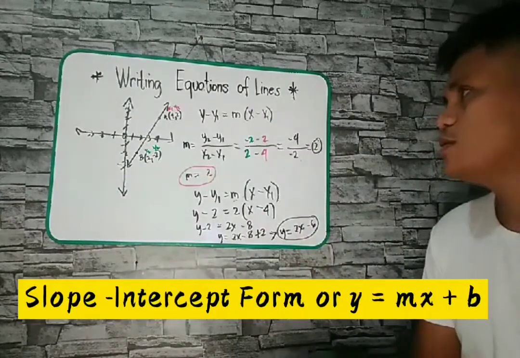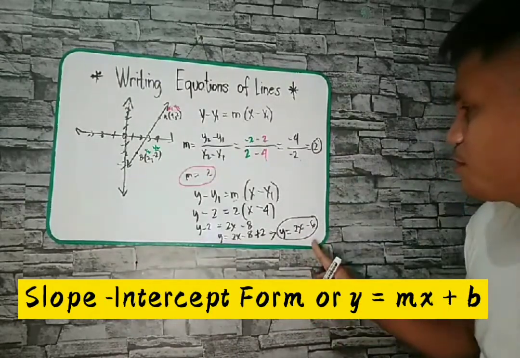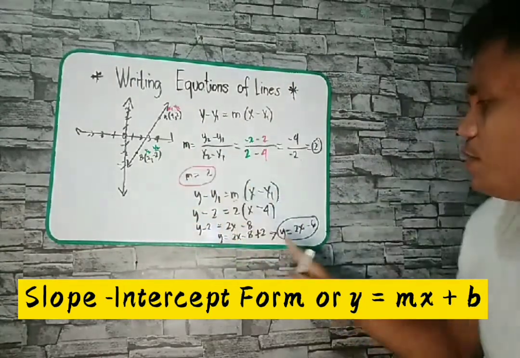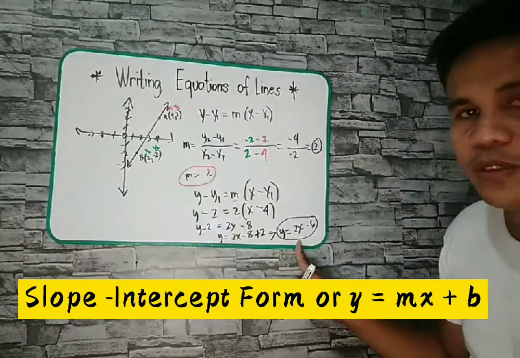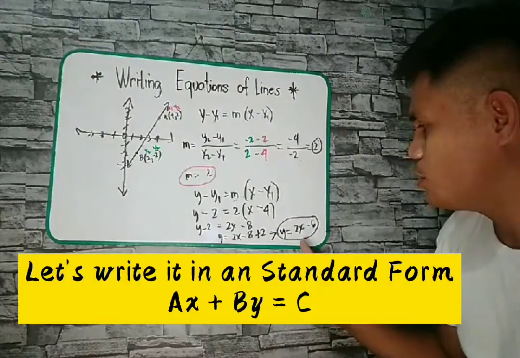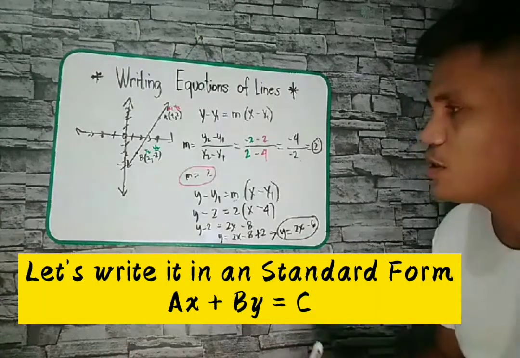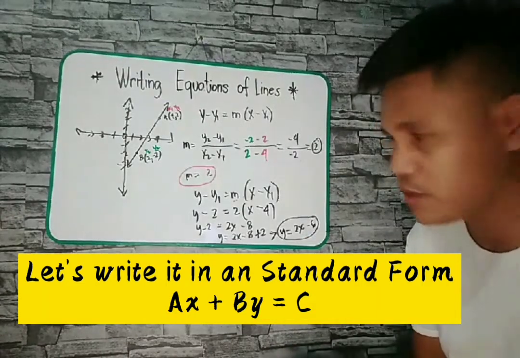Okay, so this equation is what we call the slope-intercept form, given the two points. So we were able to write an equation. Now, if you're going to put this into standard form, we can do it also.